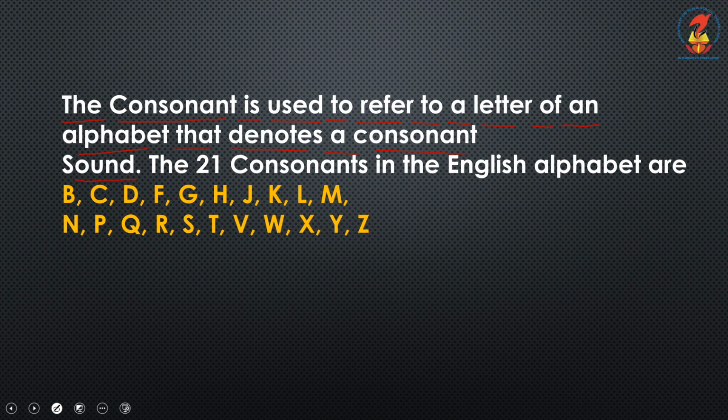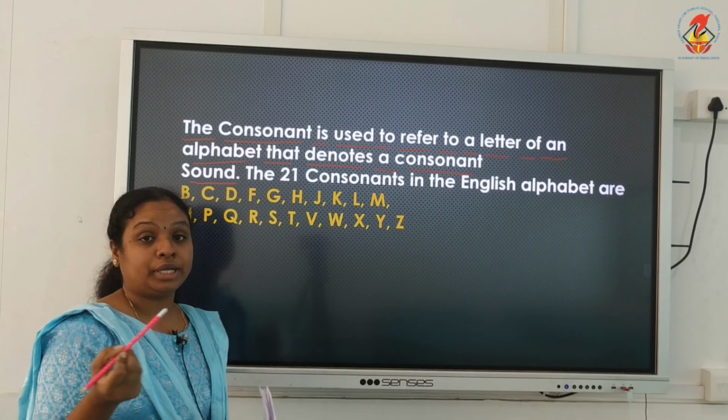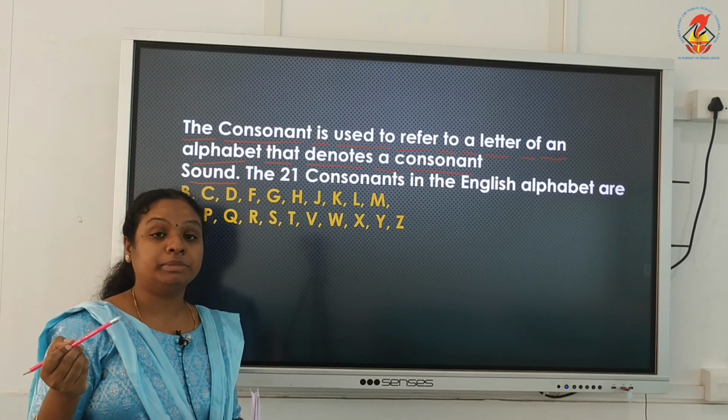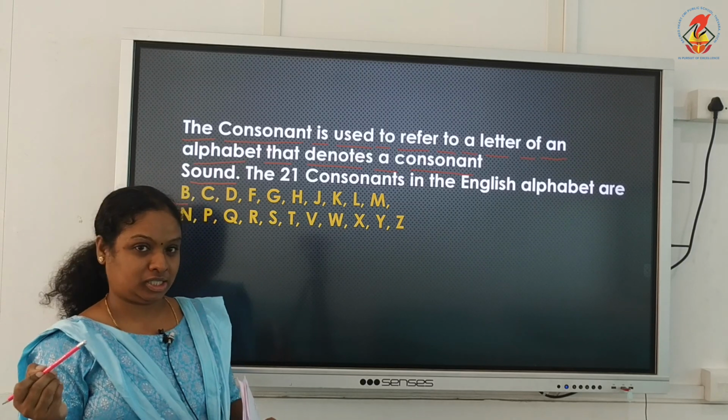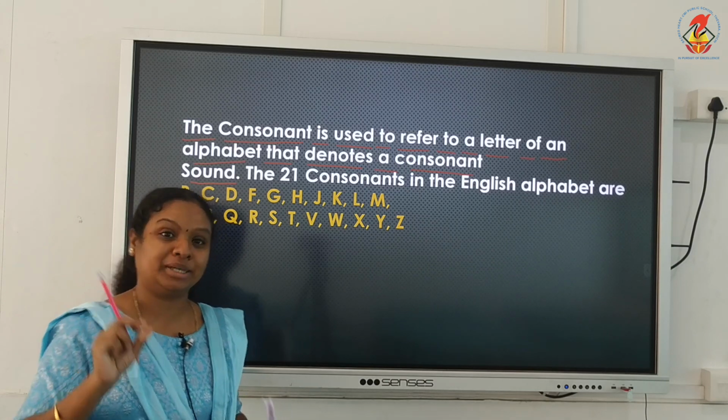Okay, for example, if we take the letter B, the B is a consonant. The sound of B is B. B for bat. So, it has the consonant sound B.